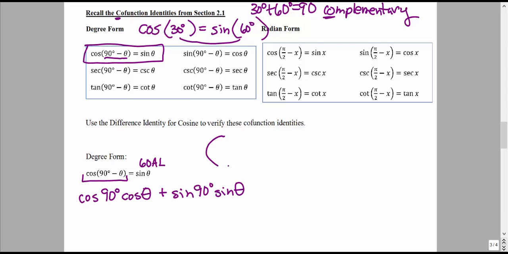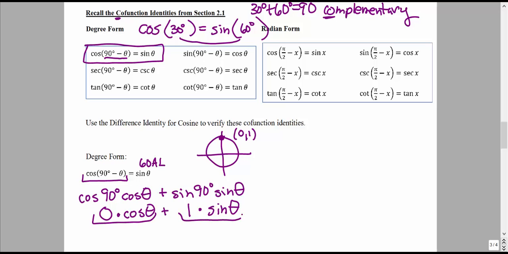Cosine of 90 degrees. Let's use our unit circle. We're going to pick the point that represents 90 degrees. That would be 0, 1. So the cosine value of 90 degrees is 0 times cosine theta, plus sine of 90 degrees, which would be the y value of that point, so 1 times sine theta.